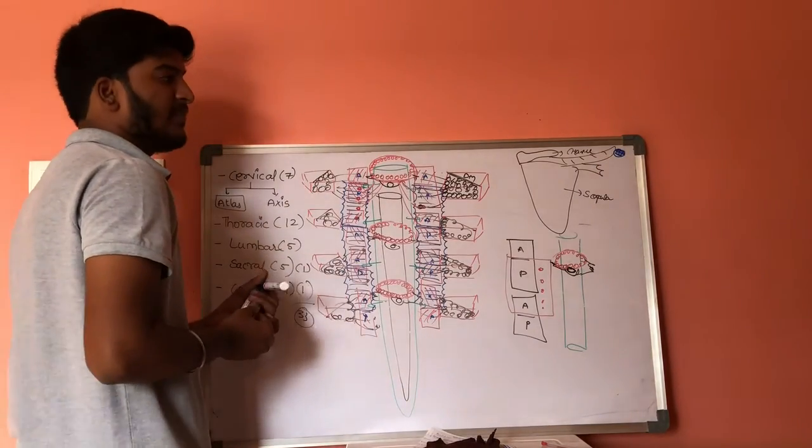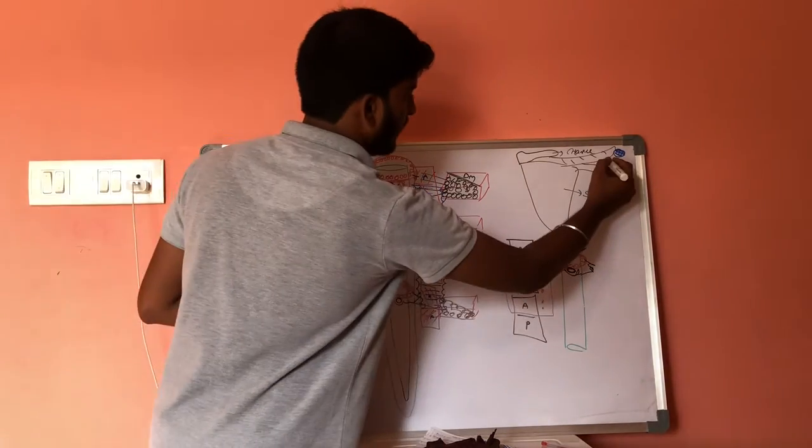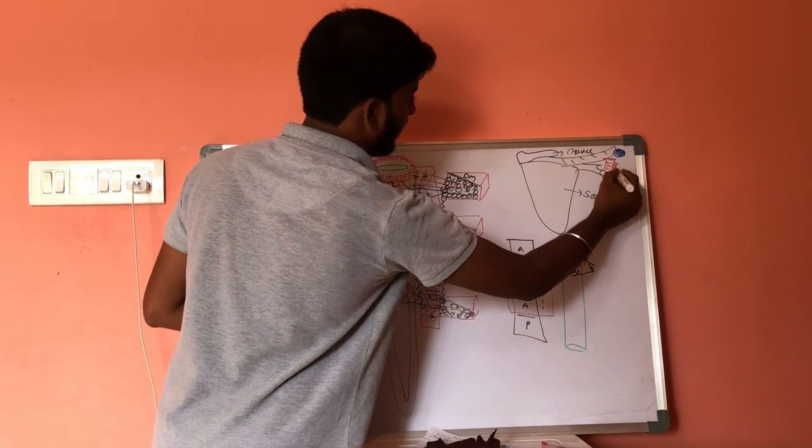Now the space present below this acromion process is called the glenoid cavity.